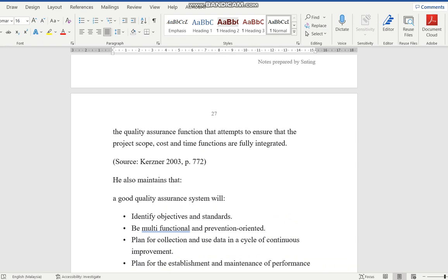Resources, for example, like material and your machineries, all this can actually help in terms of the final product coming out. So in a way, for project quality management, every project, you are actually creating your own quality assurance system.